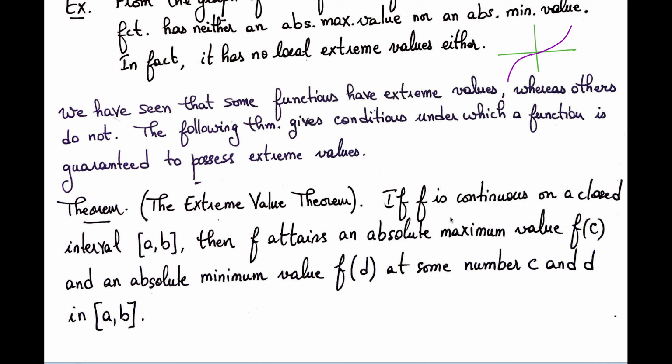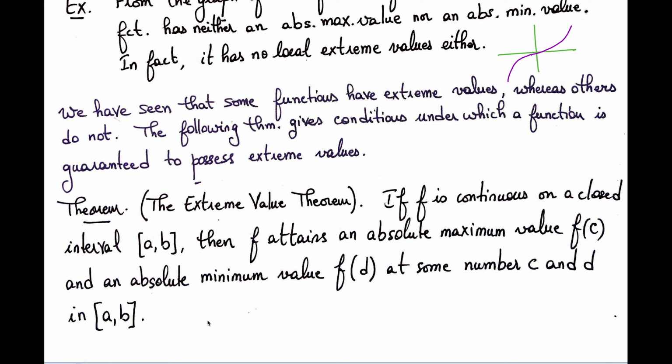If we have a function that's continuous on a closed and bounded interval AB, so AB is a closed and bounded set, then the function is going to attain an absolute maximum somewhere, let's say at C, and an absolute minimum somewhere, let's say at D, where C and D are elements in the set AB.